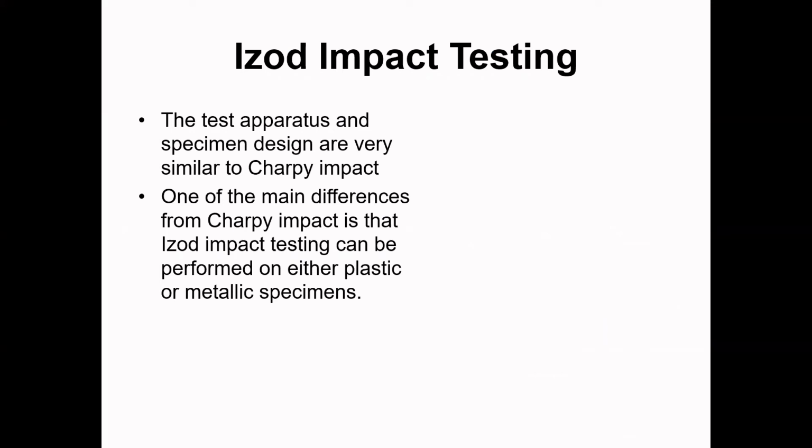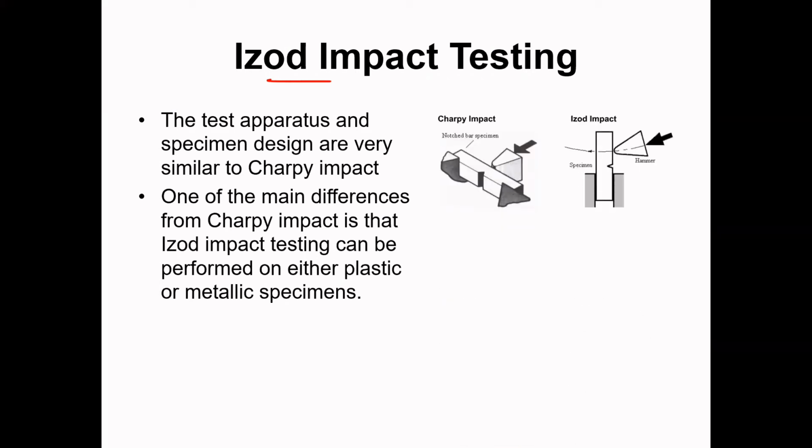So for Izod impact testing, the test apparatus and specimen design are very similar to Charpy impact testing with some notable differences, including the orientation of the specimen, which is clamped into the apparatus vertically with the notch facing toward the pendulum. The pendulum then impacts the sample at a specified area above the notch, like what we can see here.